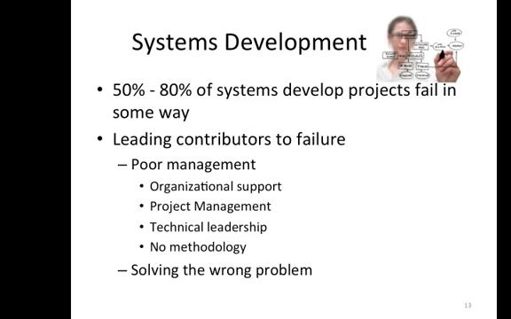In systems development, there is a very high rate of failure, somewhere in the neighborhood of 50 to 80%. So a good majority of systems development projects fail in some way. And they fail because either there's bad management or they're trying to solve the wrong problem.